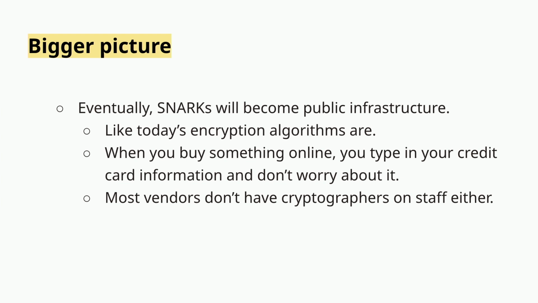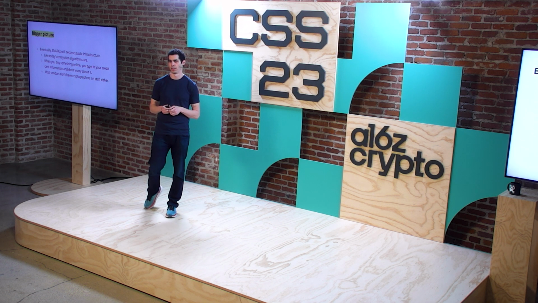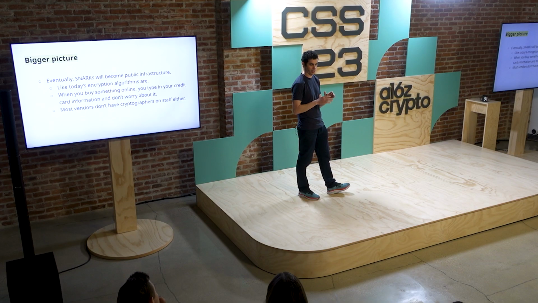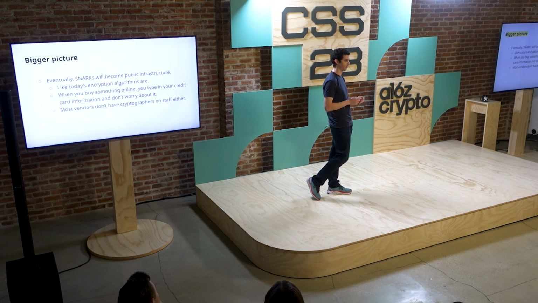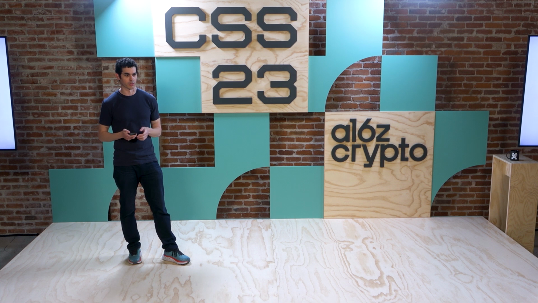Just as today's public key encryption algorithms were once state-of-the-art cryptography that enabled the e-commerce revolution, snarks are very advanced cryptography, and eventually they'll be old hat, the way you go onto Amazon today and buy something and you don't think about it, the cryptography just works. In fact, it's not just the users of these e-commerce sites who don't know anything about cryptography. A lot of the vendors also don't have cryptographers on staff. Everything just works. It's public infrastructure, essentially.